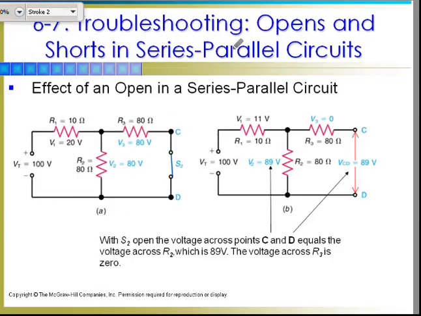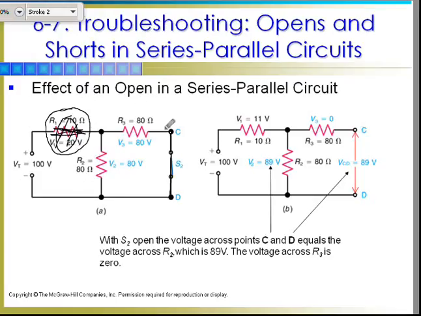Okay, let's see, we already did that. And that's it. Like I said, it's going to depend on where you get the open, where you get the short. Of course, if you get an open out on this side, you're not going to have any current flow in the end because you killed your current path. But if you get a short on this end, with that guy connected, all you're doing is dropping this 10 ohms off.